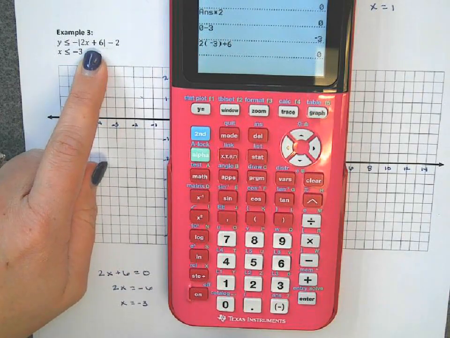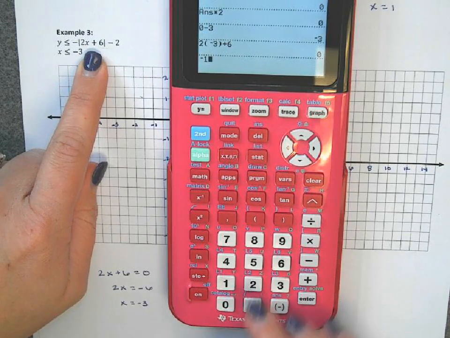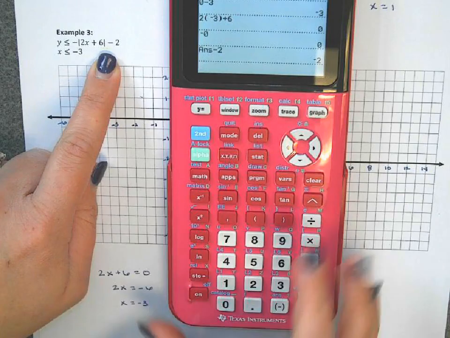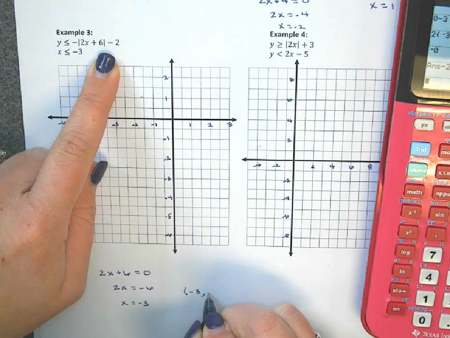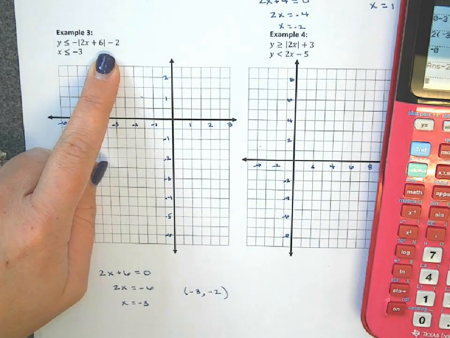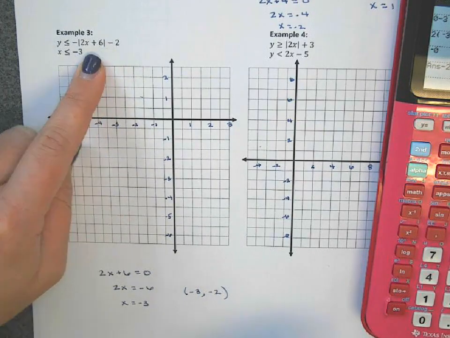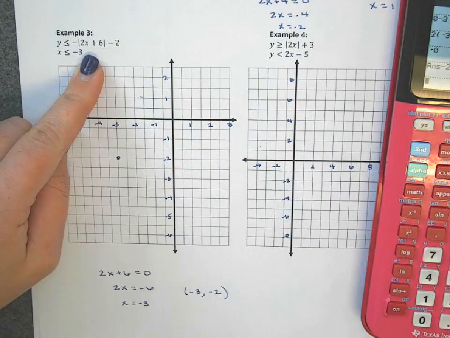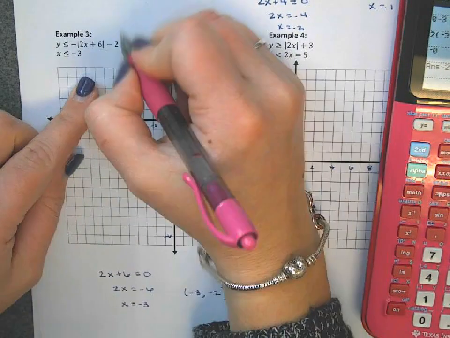The absolute value of that would be 0, so I have negative of 0, which is still 0, minus 2. So negative 3, negative 2 is that vertex. Actually, I'll make this color.